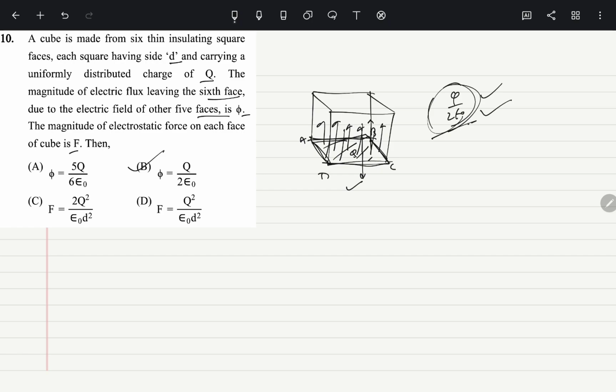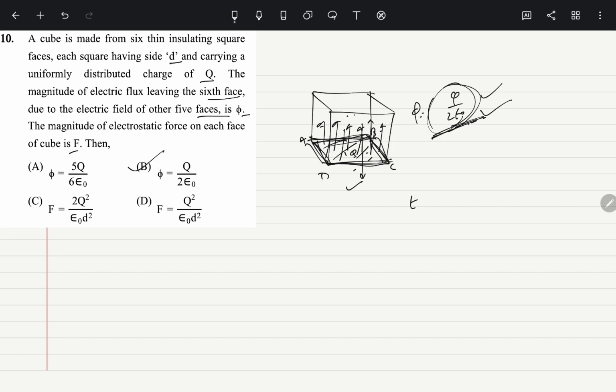Okay, and here we have to calculate the force also. To find the force, we need to find the force on one face, right? We know the flux, which is passing through this face only. From Gauss law, we know the surface area also.